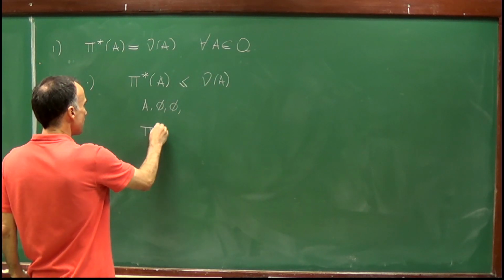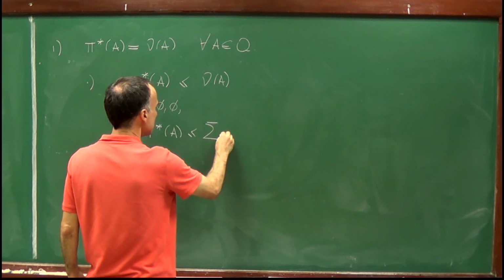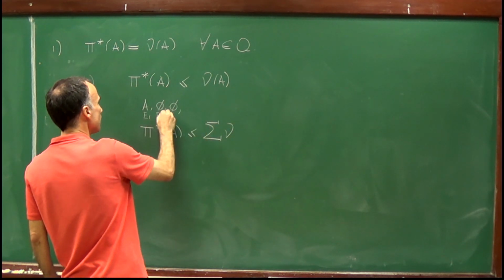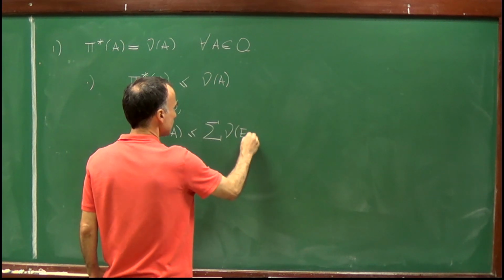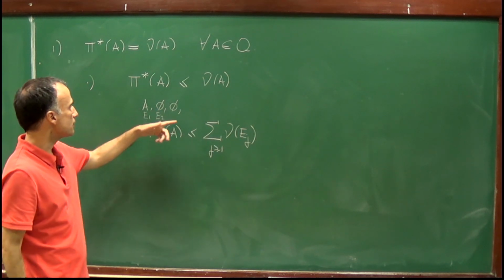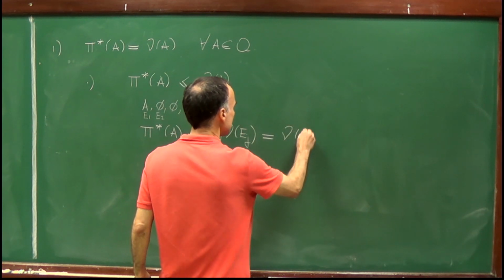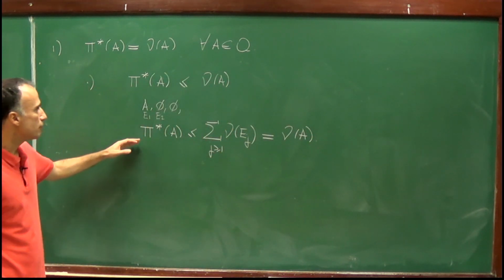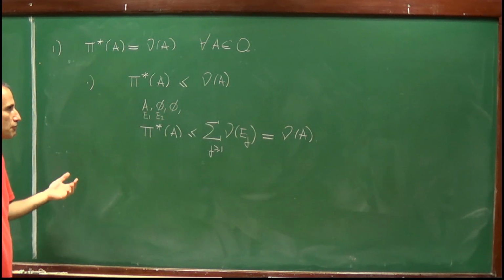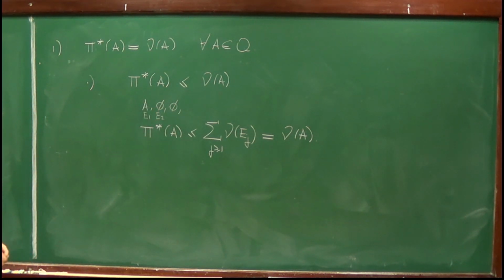So by definition of P star of A, it's less than or equal to the sum over this covering. Let's call E1, E2, and so on this covering. But nu of the empty set is 0, and nu of E1 is just nu of A. So we trivially get that P star of A is less than or equal to nu of A, just because P star is an infimum over coverings which contain the trivial covering A, empty set, and so on.